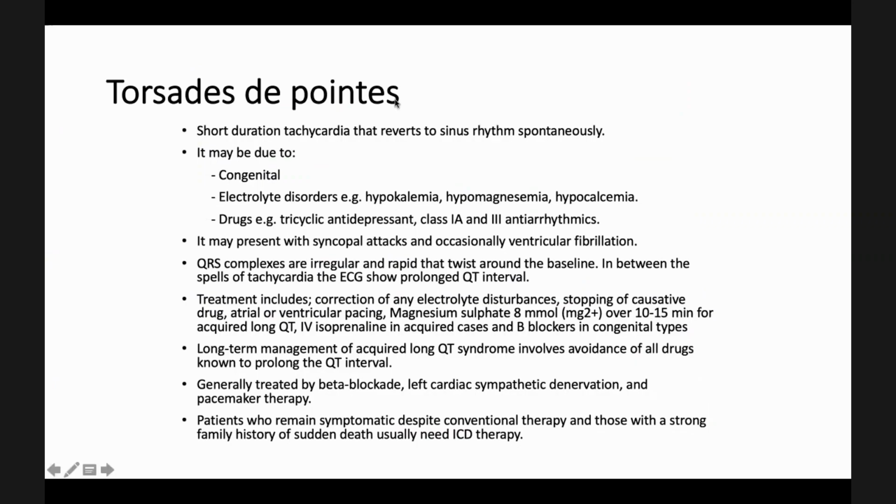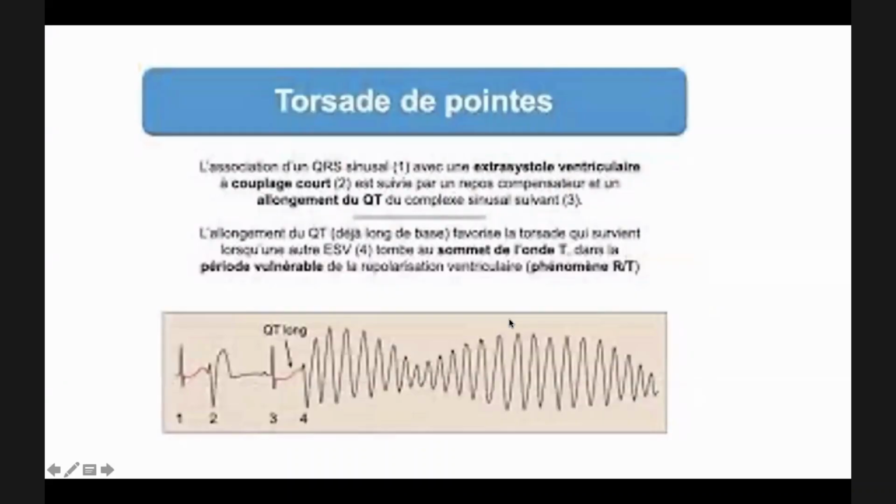Torsades de pointes, I think you all have seen on ECG. There are several causes. It could be congenital, or electrolyte disorders like hypokalemia, hypomagnesemia, hypocalcemia, tricyclic antidepressants, and other anti-arrhythmic drugs. So how do you see it on the ECG?